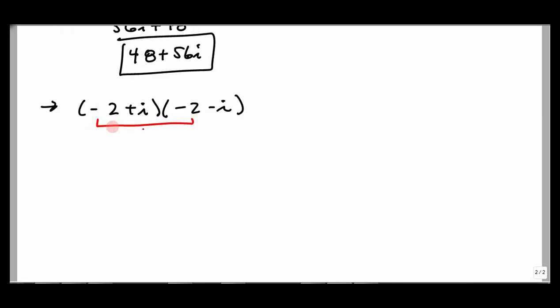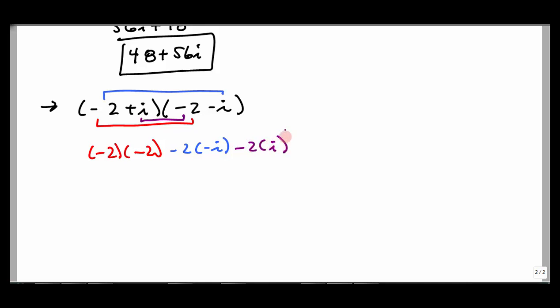So I have a -2 times a -2. And then my outsides, -2 times a -i. My insides, -2 times a +i. And then of course my lasts here would be a +i times a -i. And again, that's just the FOIL.